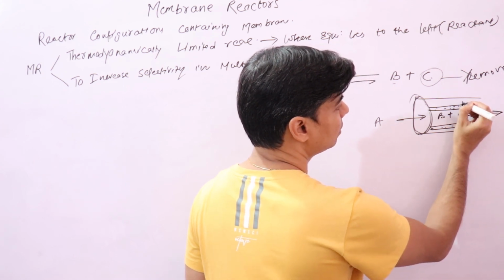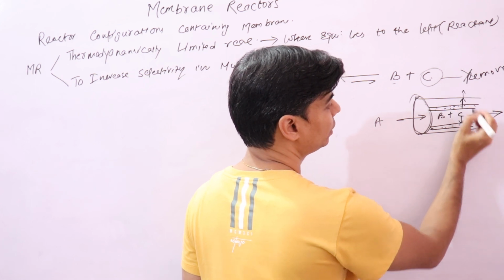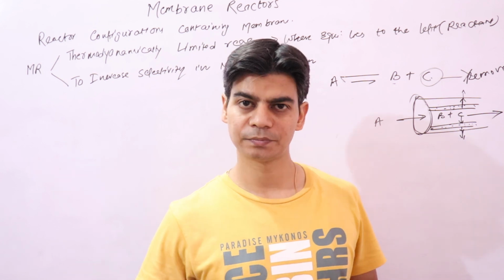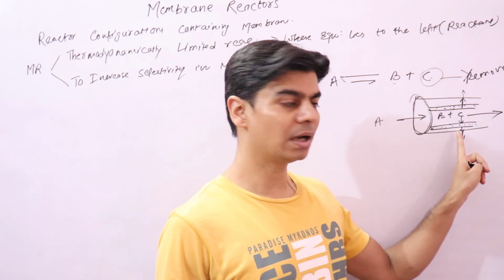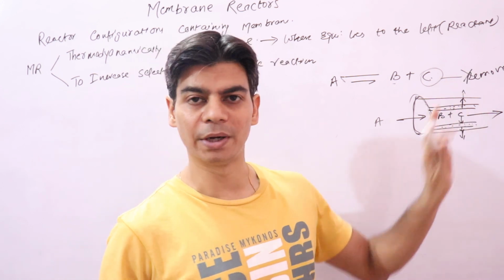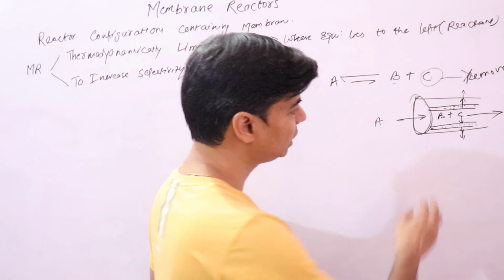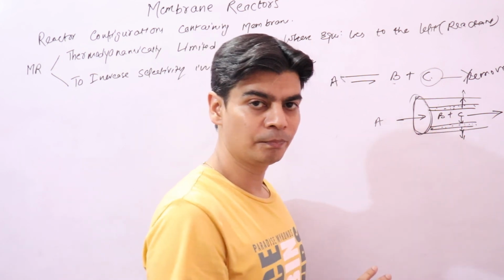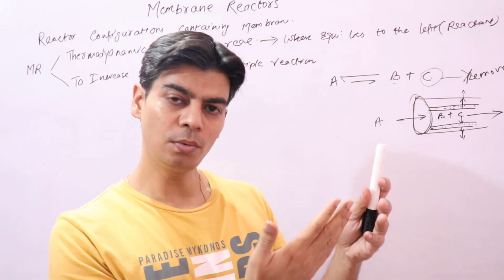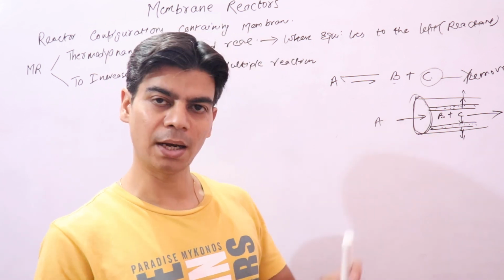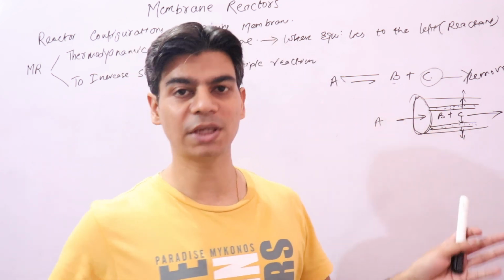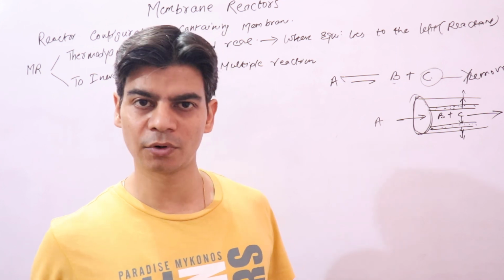The moment C forms, this membrane will let C permeate and pass outside the reactor. It is removed from the reaction.